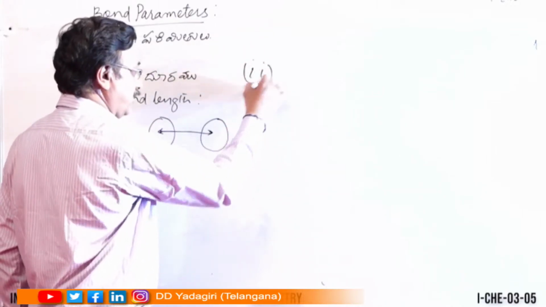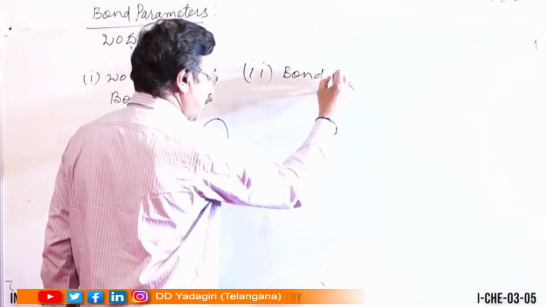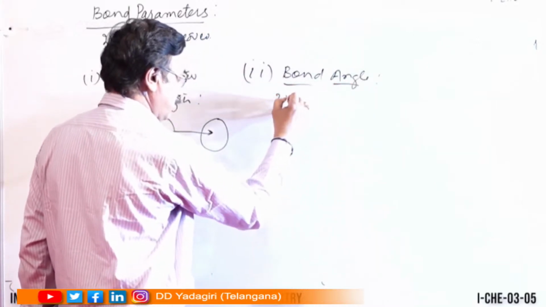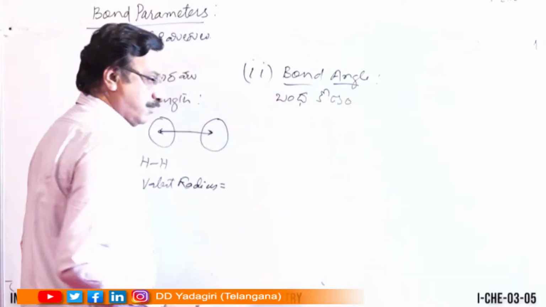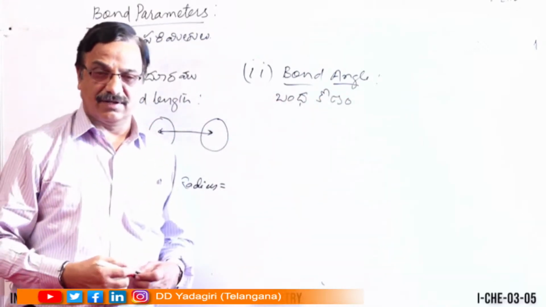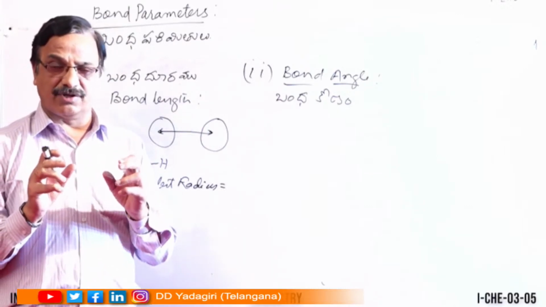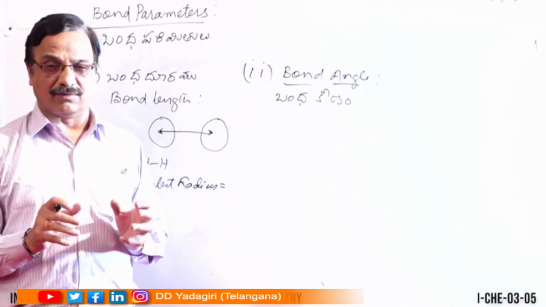Then second one is the second parameter is the bond angle. బంధ కోణం. It is defined as the angle between the electron containing orbitals of the central atom in a molecule.